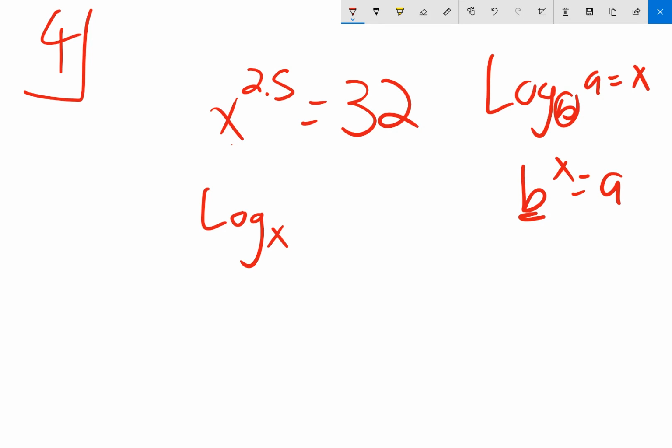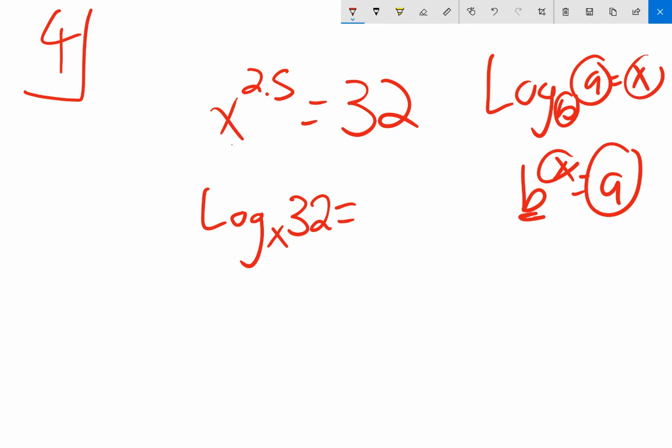So a log with a base x. A is going to be what our exponential equaled, which is 32. So it's going to be log base x of 32 equals 2.5. Now the 2.5 comes from the exponent. So that's the log version of number 4.